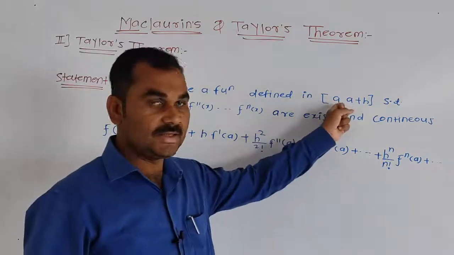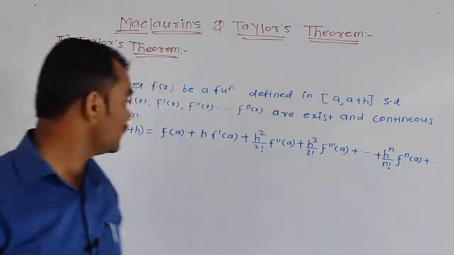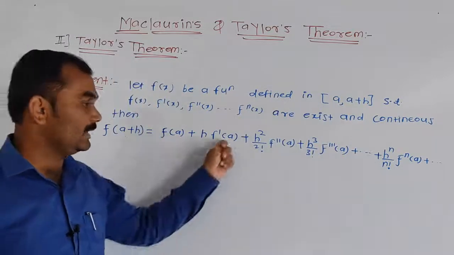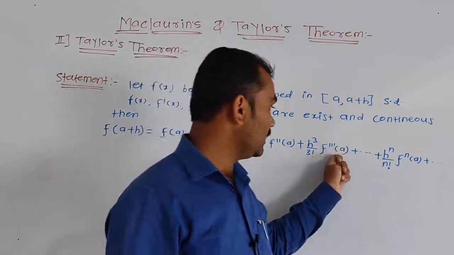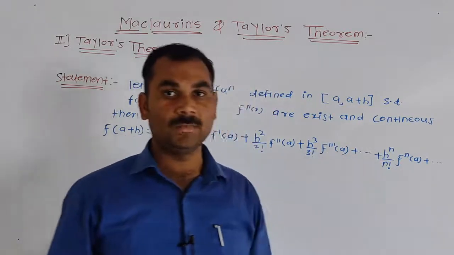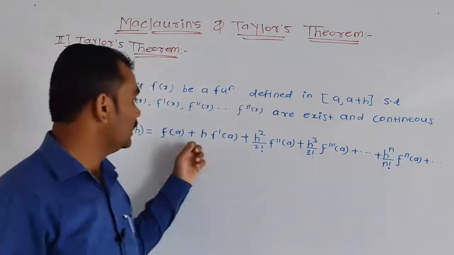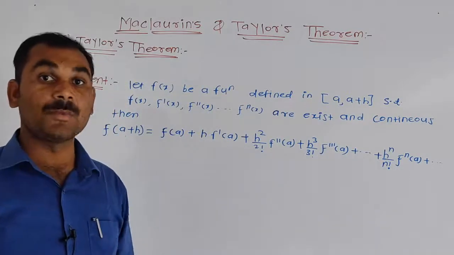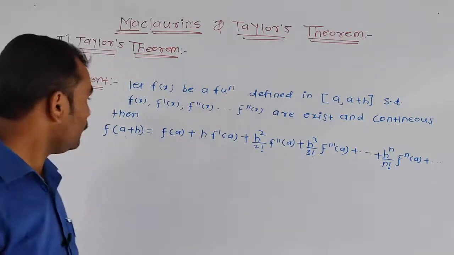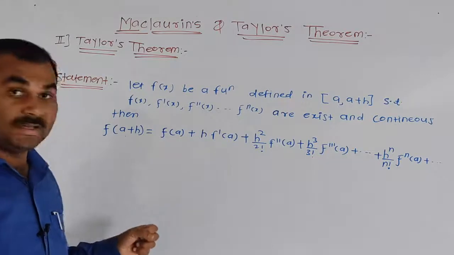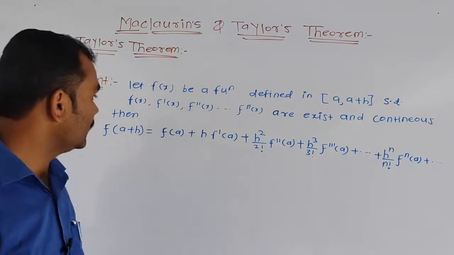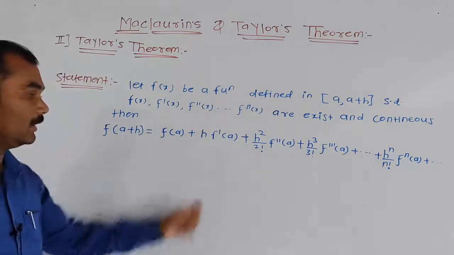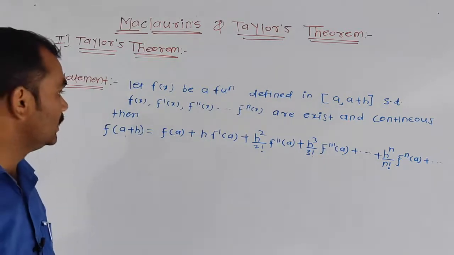Here we have f of a, f dash of a, f double dash of a, f triple dash of a, dot dot dot, f raised to n at a. This is called the Taylor series about a point a. This is the Taylor series in the form of h. Both are the same, about a or in the form of h.